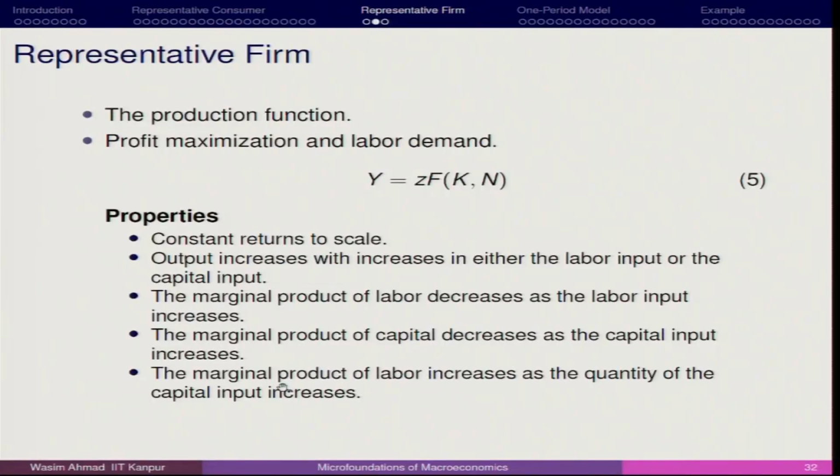Better technology, a better production system, enhances the efficiency of the production process. One laborer, earlier, used to produce only 10, but because of machinery is producing 500 output. That is the underlying idea. If you have better machinery and better tools, this helps the marginal product of labor to increase.